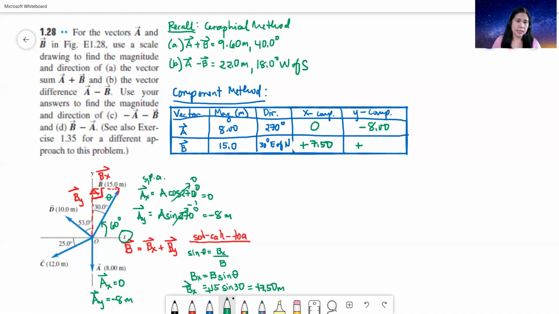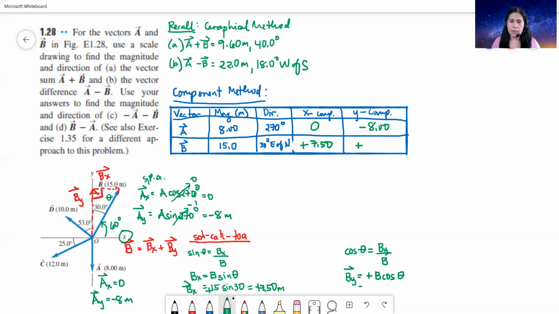Now, I'll go to by. Si by is adjacent kay 30. Okay? So, I'd say that adjacent, itong si cosine ang gagamitin ko. So, I'll have cosine of the angle equals adjacent is by, hypotenuse is B. Ayan. by over B. So that by as a vector, you'll have the magnitude of B cosine theta and then it goes positive kasi paakyat.